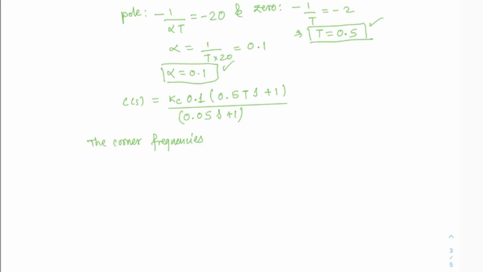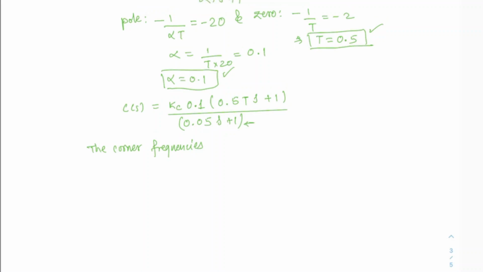So if we look at the denominator, we will get 1 over T, that is one corner frequency, which turns out to be 2 radian per second, and another corner frequency would be 1 over alpha T, coming from the denominator.